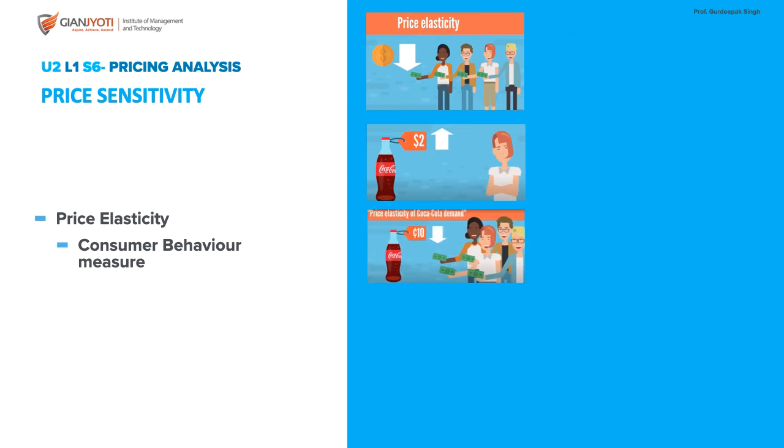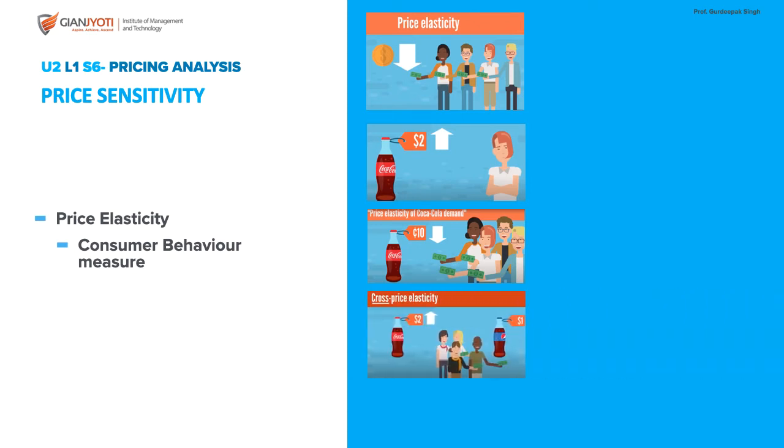Now, for example, Coca-Cola reduces the price from $2 to 10 cents. A lot of people will come and buy. So all of a sudden the sales will go up tremendously. Right? So we call this the price elasticity of Coca-Cola demand. And that is how we measure it. So this is the measure of consumer behavior.